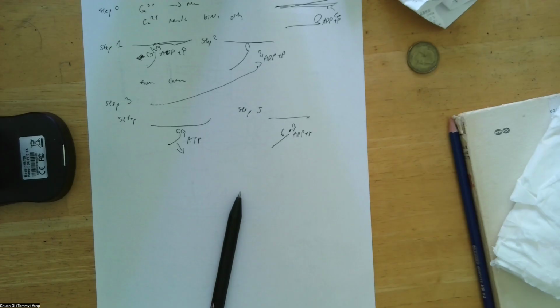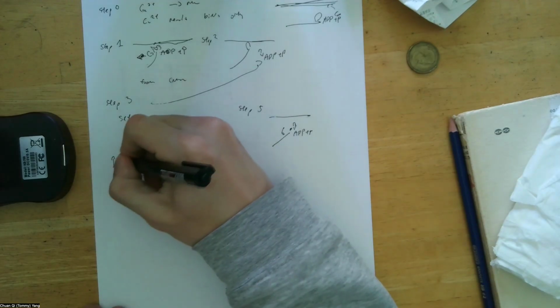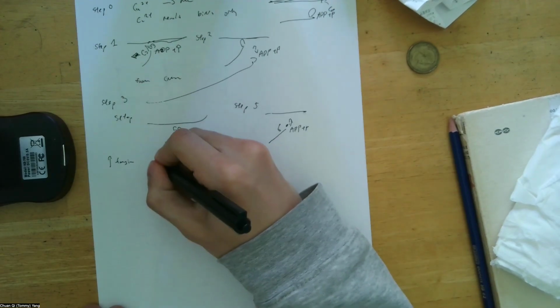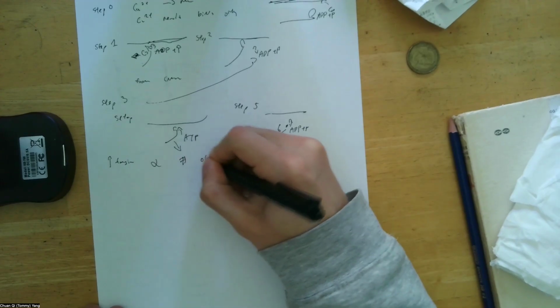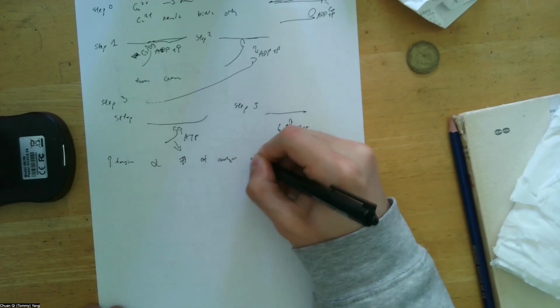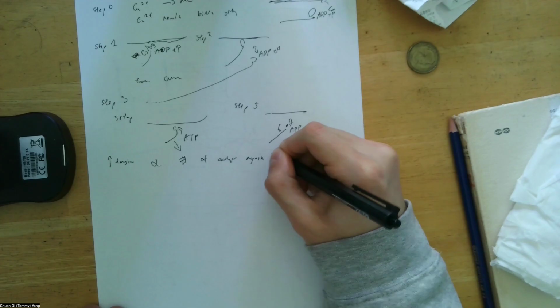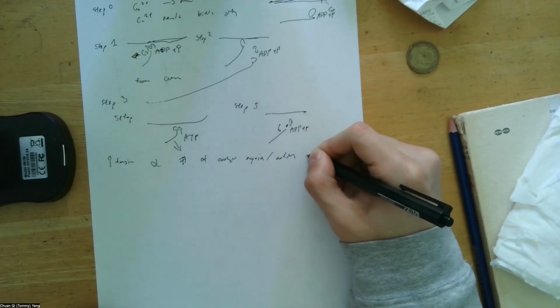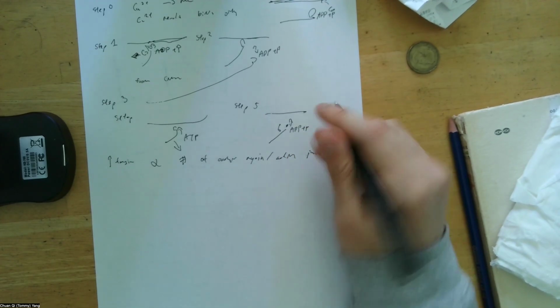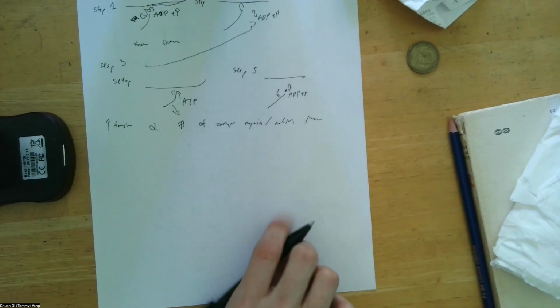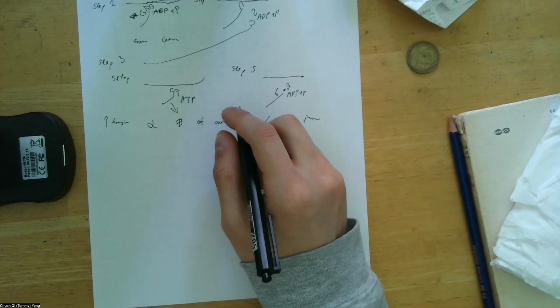So let's see what else to do. By contracting, you're going to get more tension. And tension is based on the number of overlapping myosin actin interactions. So if you have more myosin actin pulls, you have more tension being produced.